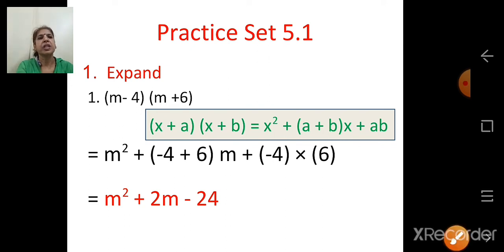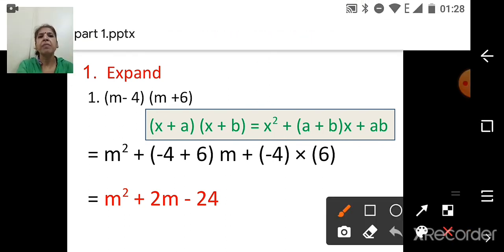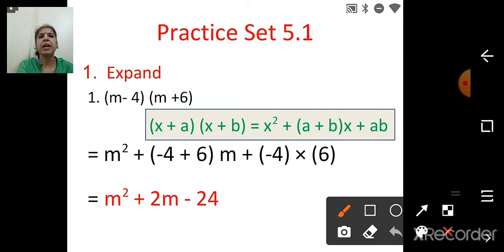Now the first question is m minus 4 multiplied by m plus 6. Again observe properly, they are binomials and one term is common. Which is the common term? M, which is the first term.